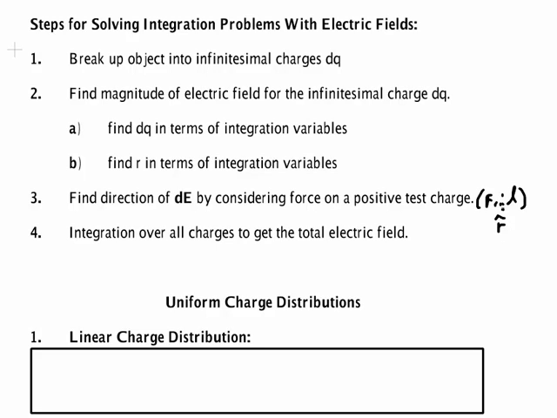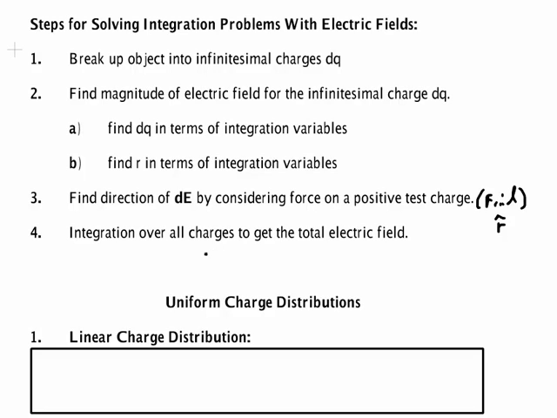That means it'll either be r hat if it's repulsive, or it'll be minus r hat if it's attractive. And last, after you've done that, you'll need to integrate over all the charges to get the total electric field. I'll come back and show in a minute an example on how to do this to show the actual steps in practice, but I want to put this in your notes so at least you have it in one place so it can remind you what we're trying to do.